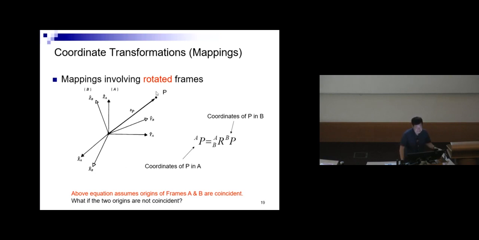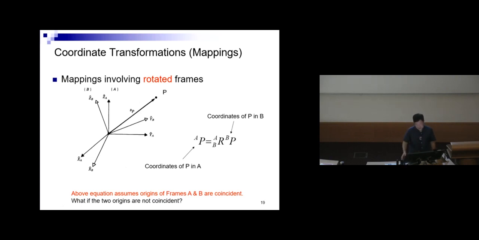We have a point P, and then B is rotated around X. So the two axes are no longer aligned, and you are given P with respect to the coordinate B frame, so your BP. You want to determine your P in A, the same point in the A coordinate system.